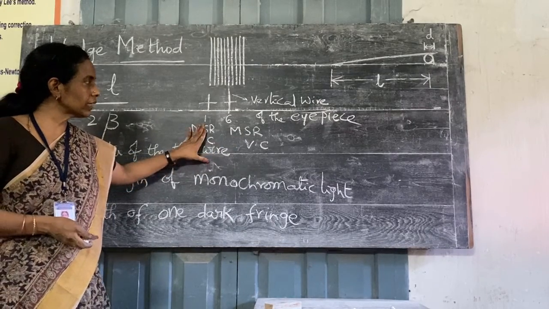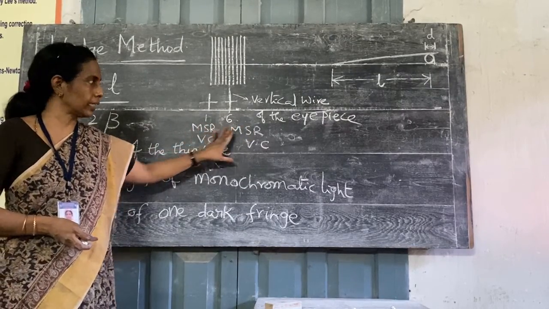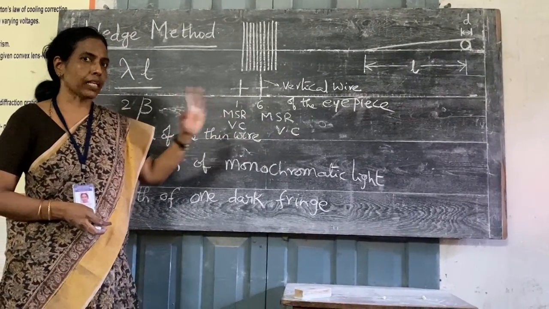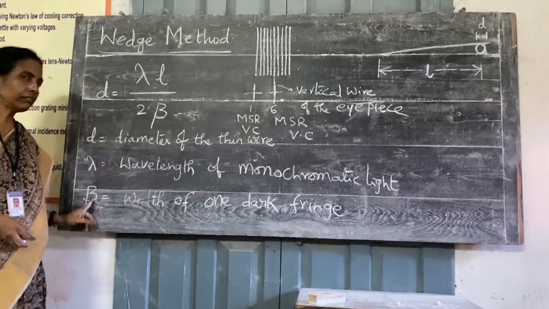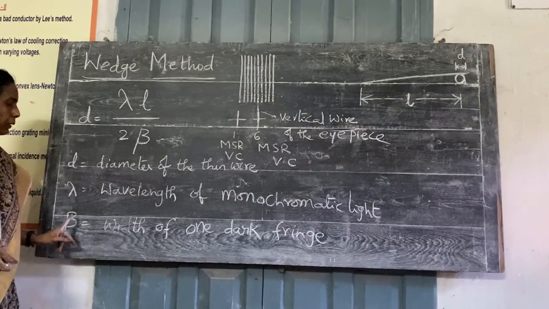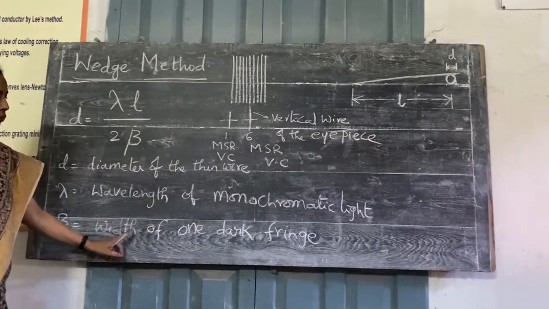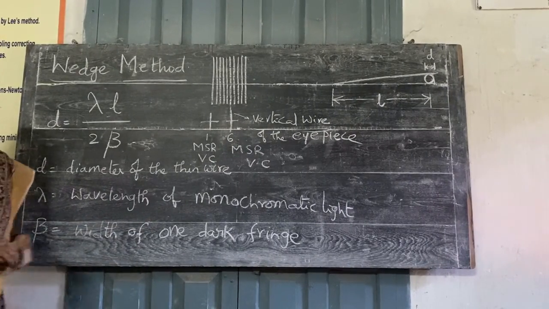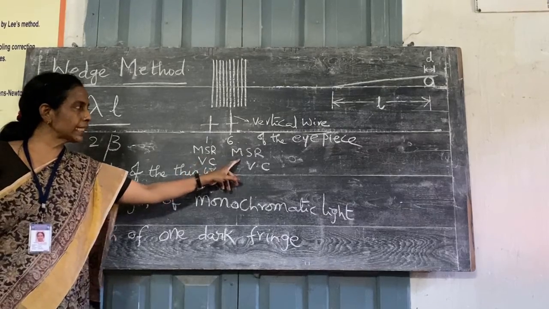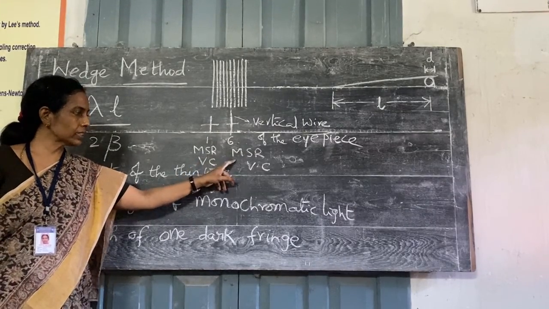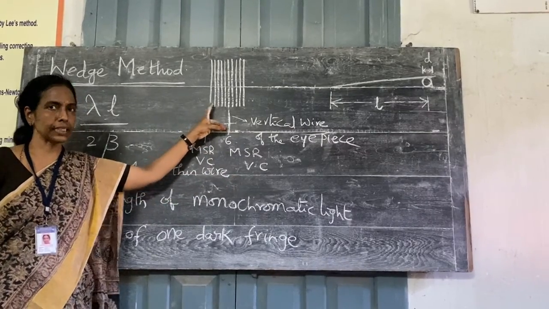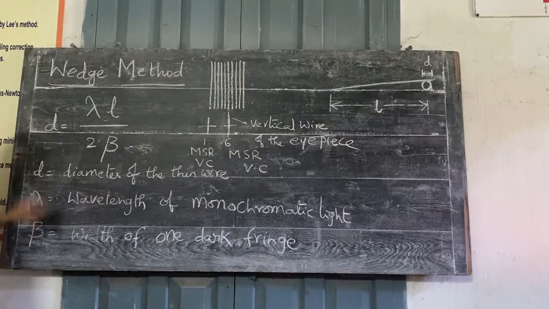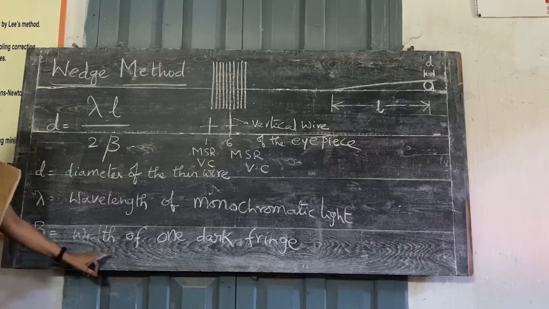So the difference between these two observations gives 5 beta, where beta is the width of one dark fringe.